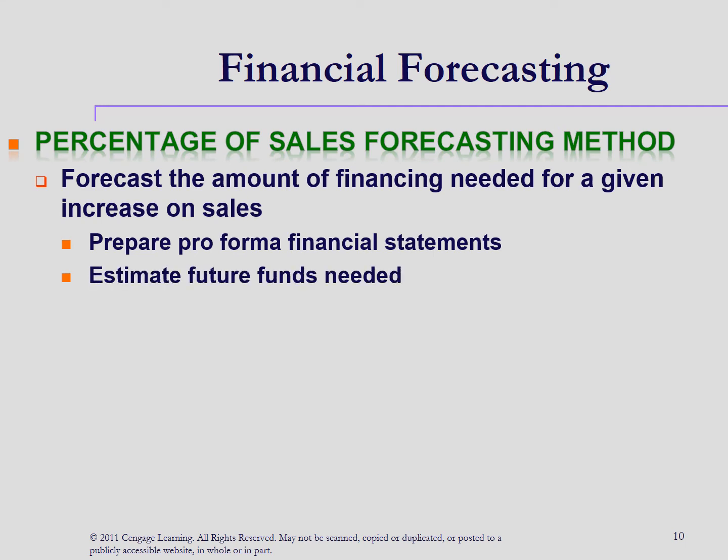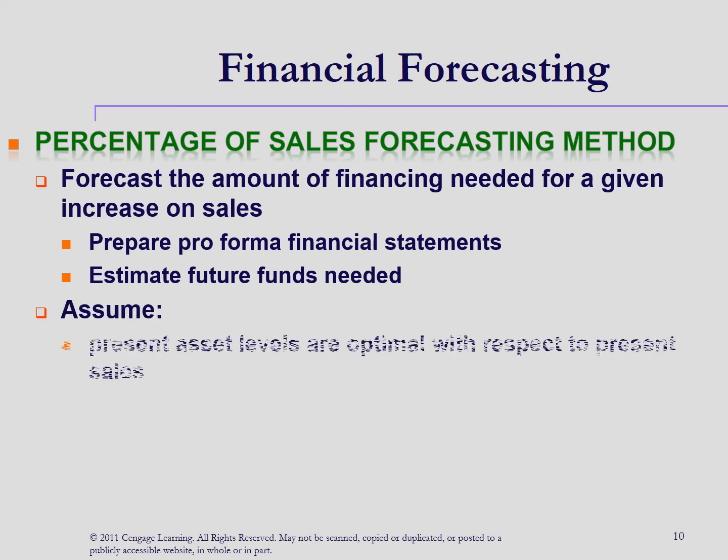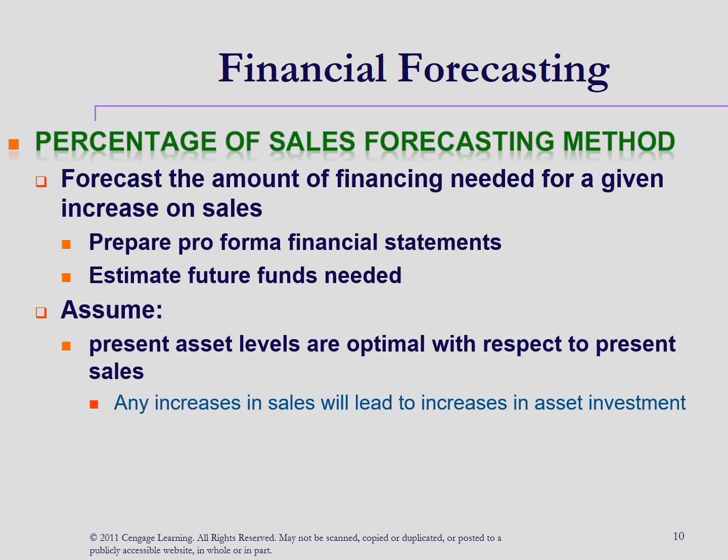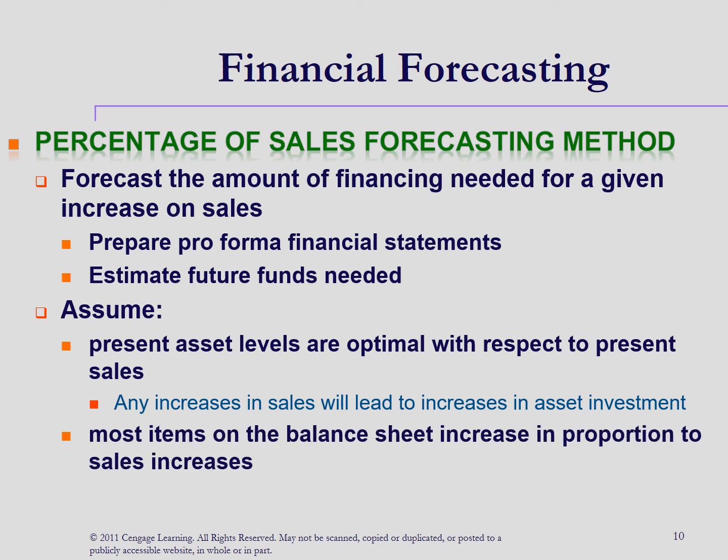There are two crucial assumptions: present asset levels are optimal with respect to present sales, implying any increases in sales will lead to increases in asset investment; and most items on the balance sheet increase in proportion to sales increases.